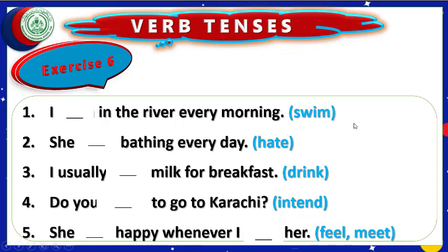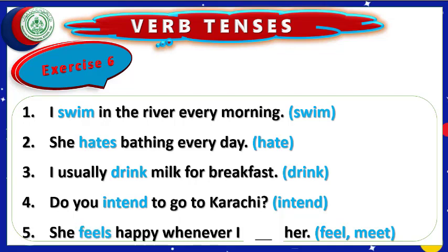What will be the correct answer? I swim. Second part, she hates. There will be S with the first form because she is a singular subject. And we know with a singular subject, the verb will also be singular, and the verb is singular when there is S with it. Let us move to the next. I usually drink. Do you intend? Number 5.